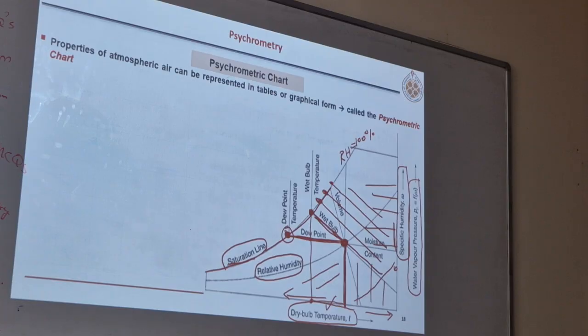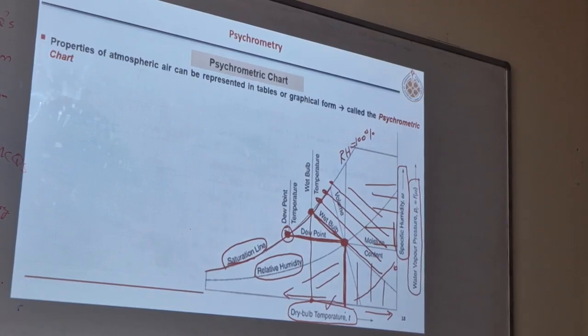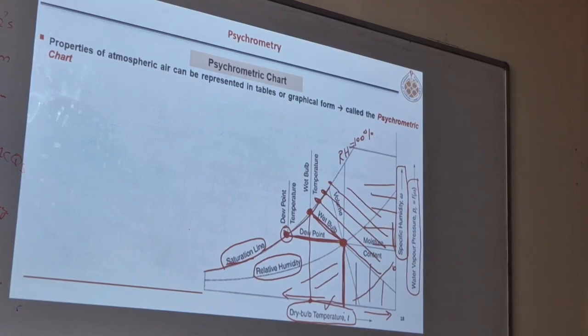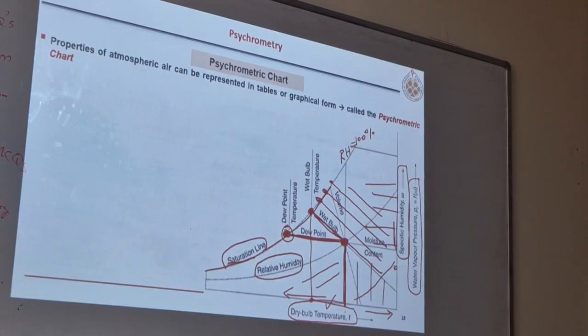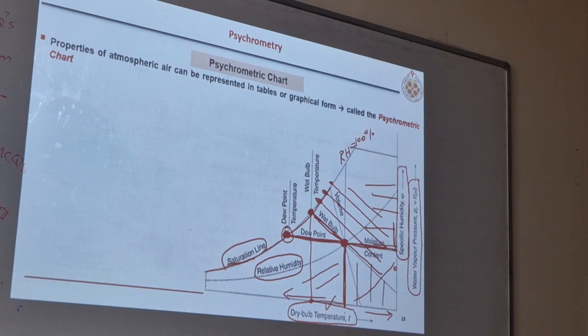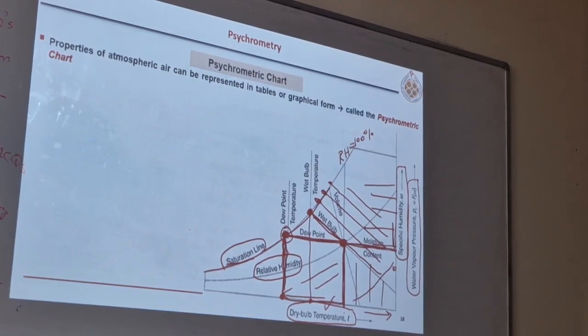This is now the wet bulb temperature, the same air as dry bulb and as wet bulb by adding moisture. But if you do not add moisture, you just cool it, then this will be the dew point. You're just cooling it, but the amount of moisture is not changing. Then you can read its dew point just by cooling it up to this point. Now whatever water vapor is there will start to condense, just by cooling it.